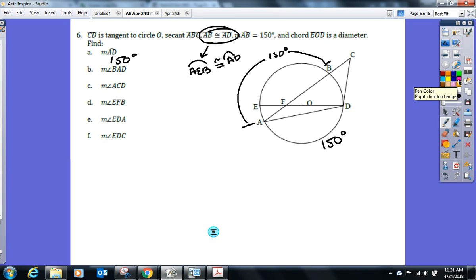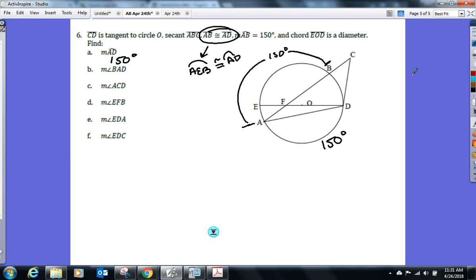I said arc AB is 60. How'd you get 60? I figured the remaining part. Yep. Because you already had 150 and 150, which gave you what? 300, right? Everyone agree? How many degrees in a circle, Maggie? 360, so you had 60 left over.